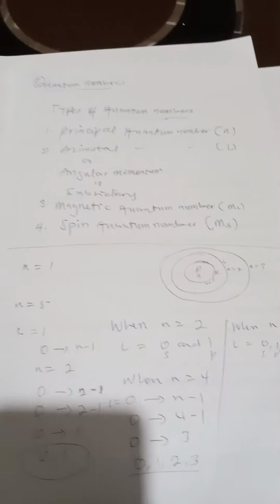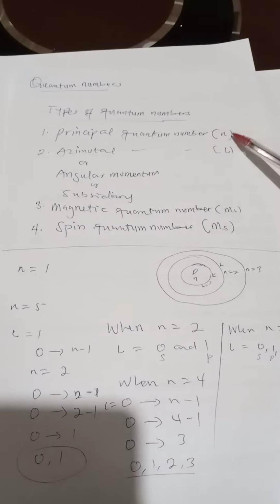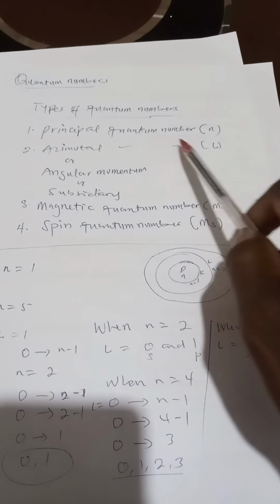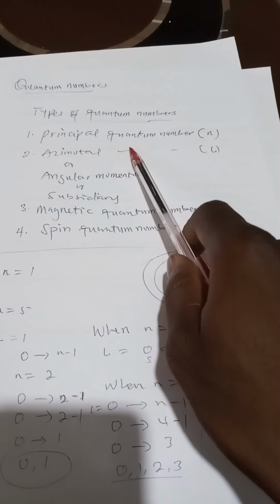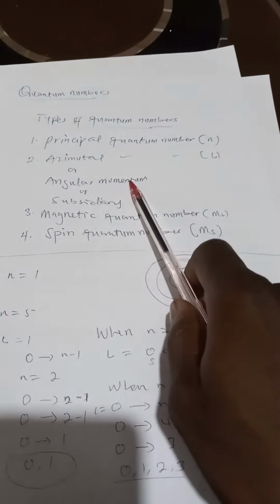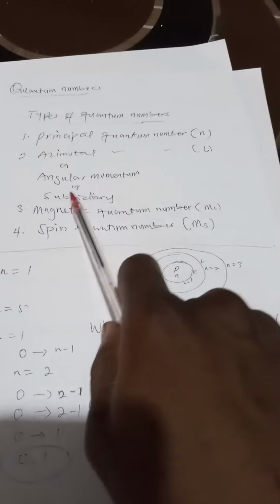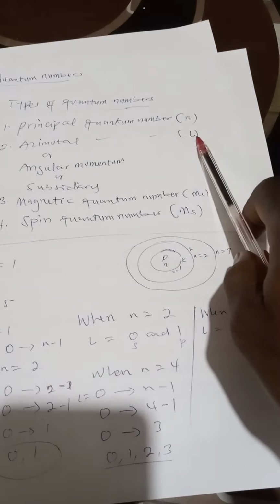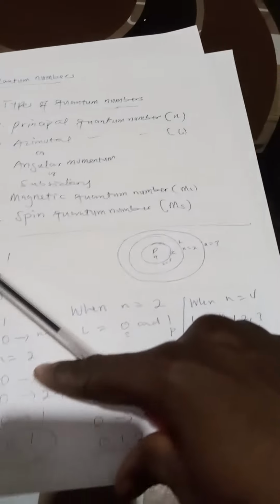These are: we have the principal quantum number, which is represented by n. We also have the azimuthal quantum number, which is also called the angular momentum quantum number or subsidiary quantum number. The symbol is l, small letter l.